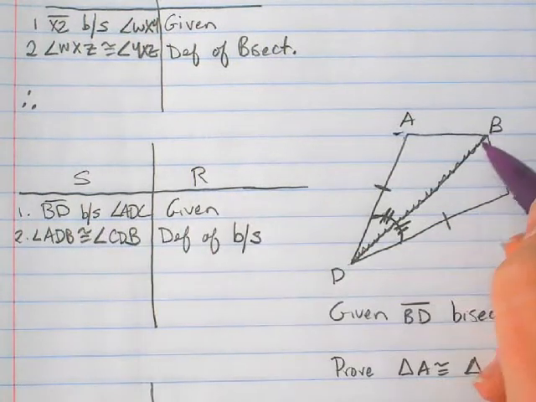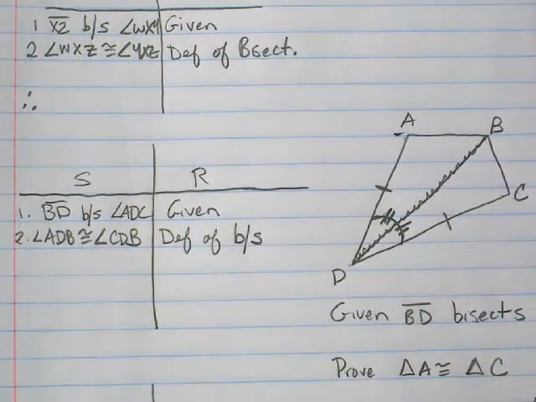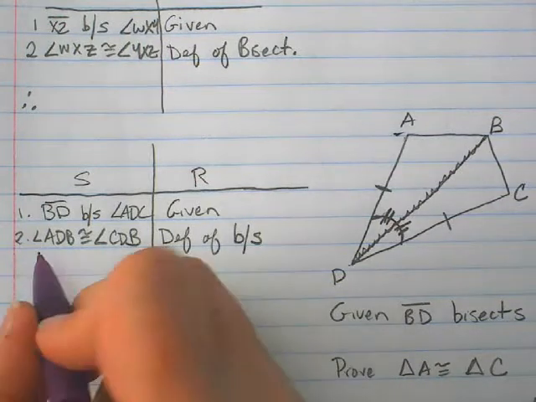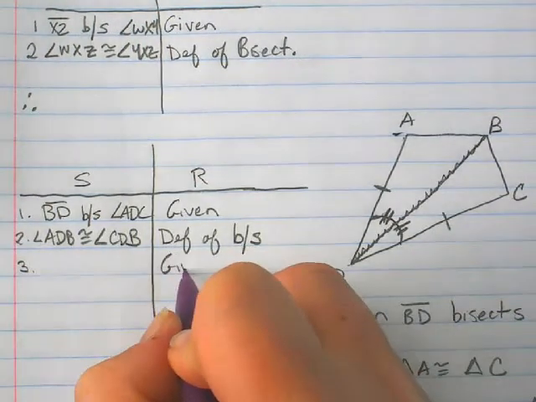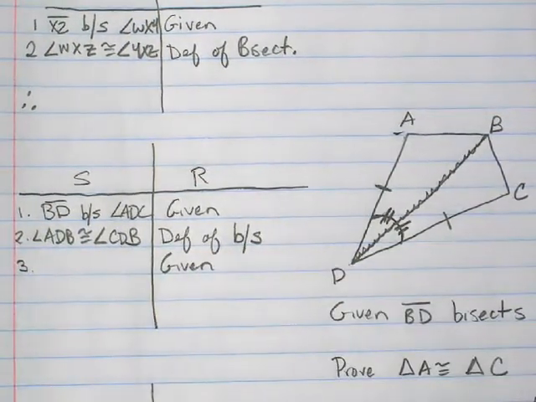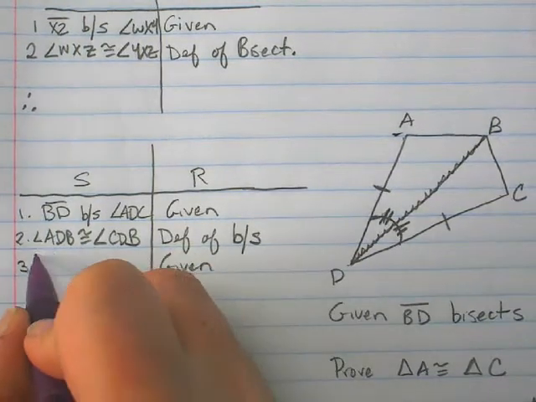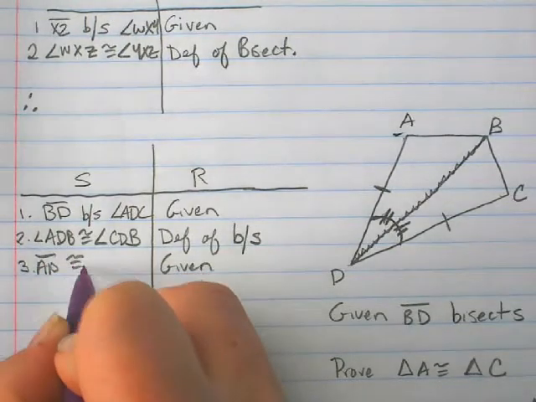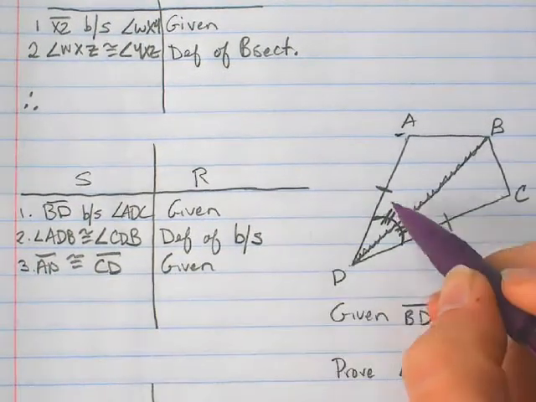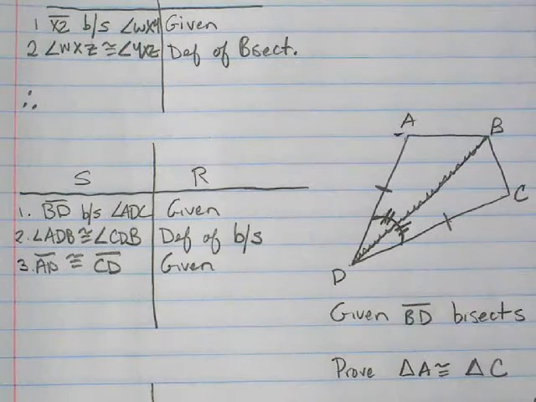And that reason is because I bisected it. Let's see, what else was I given? I was given something else, a marking that was already on my image. AD congruent to CD. Mark, mark.